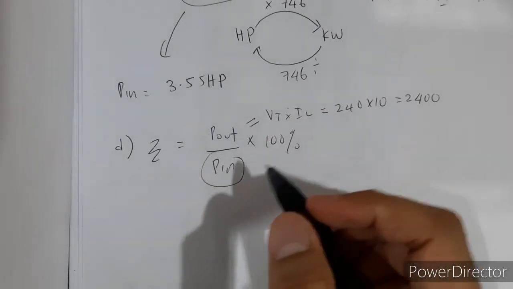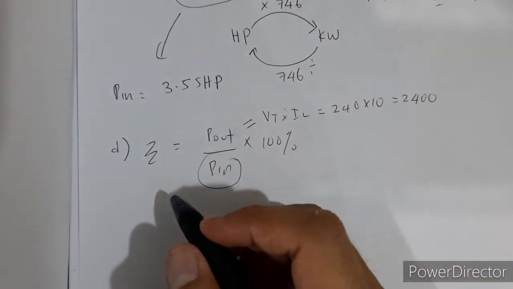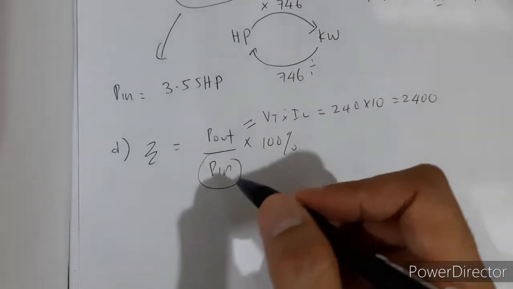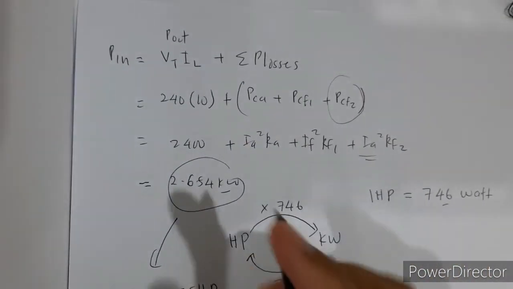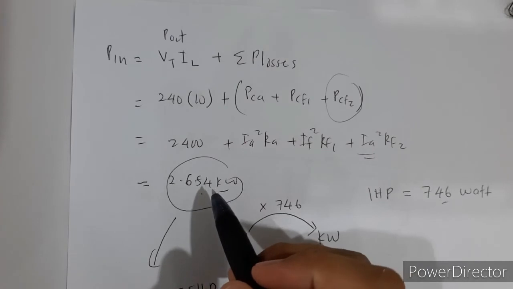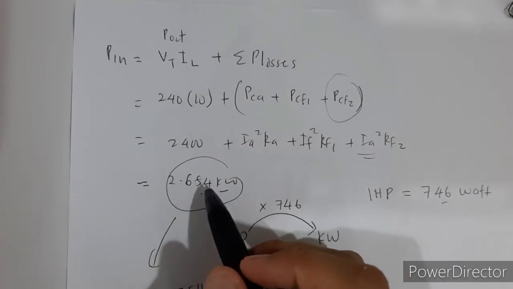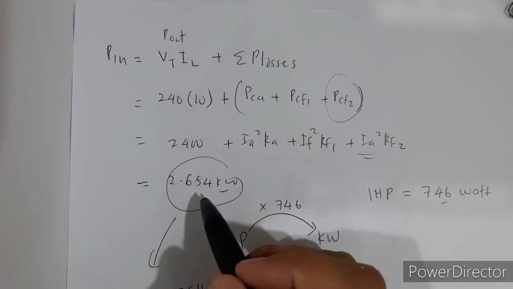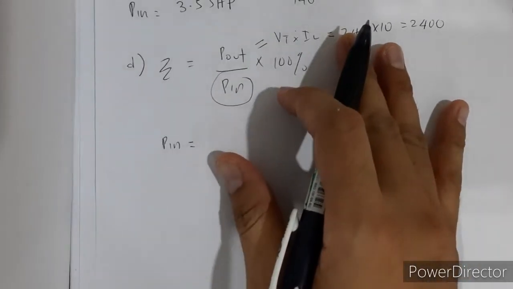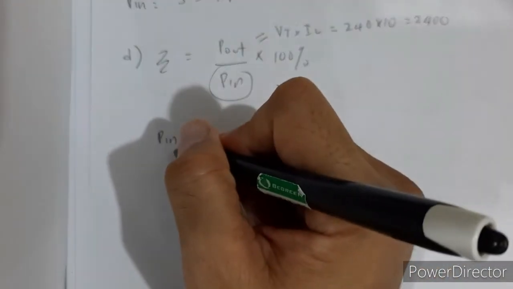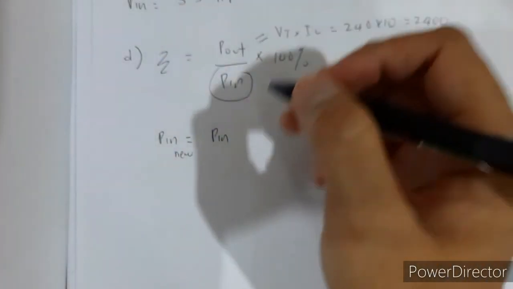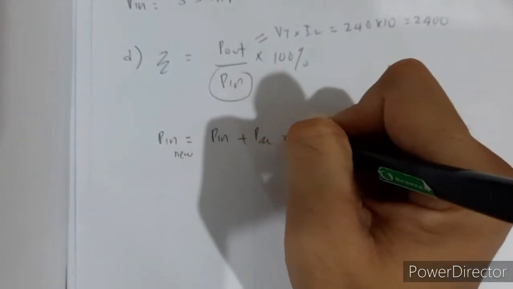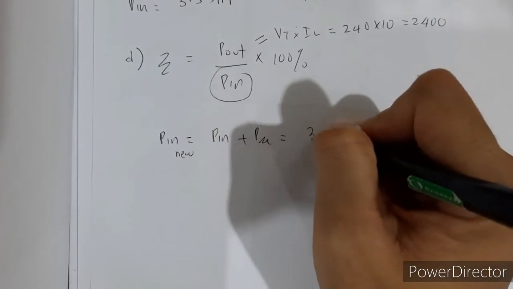And then P in, the P rotational is 600 watt. We actually already got P in, but for the previous question the P rotational was not given. It is given on the next question. P in new equals the P in we found earlier plus P rotational.